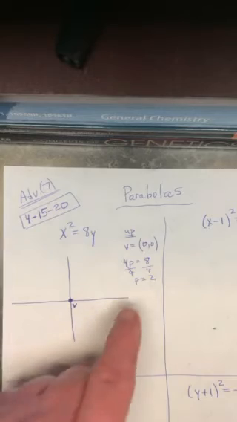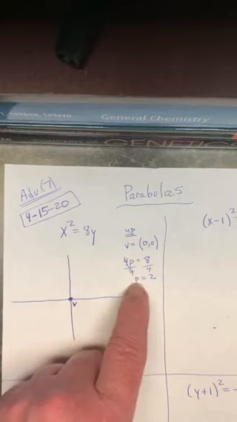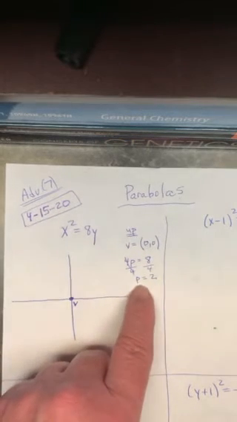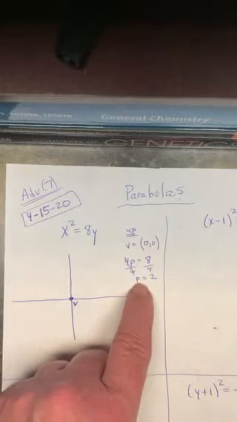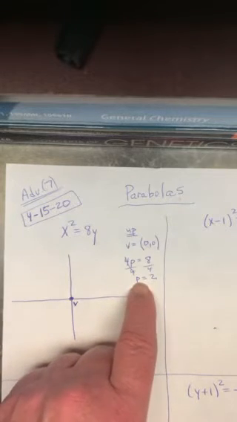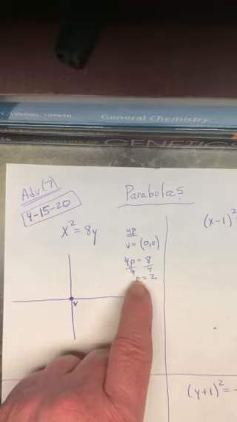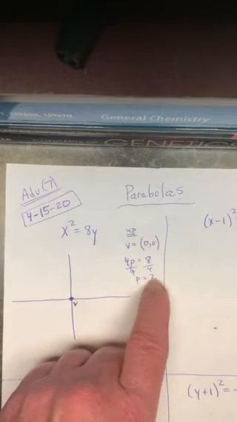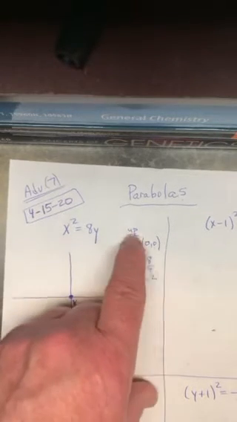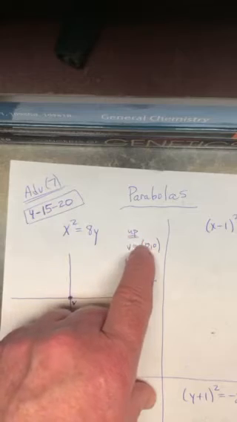Now the reason they use the letter p is because it's such an important point that we're finding. There is a point, actually it's called a focus or a focal point. There is a point that's 2 units up from the vertex.